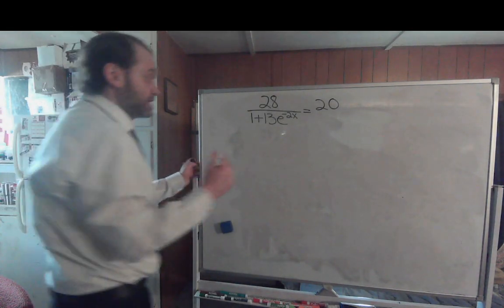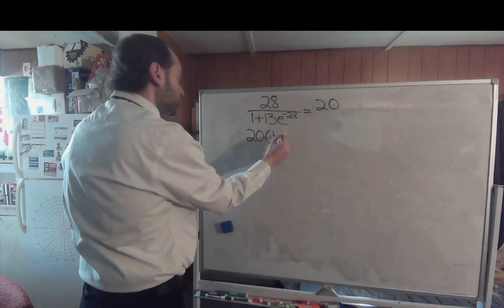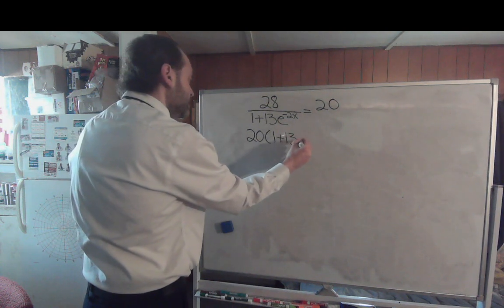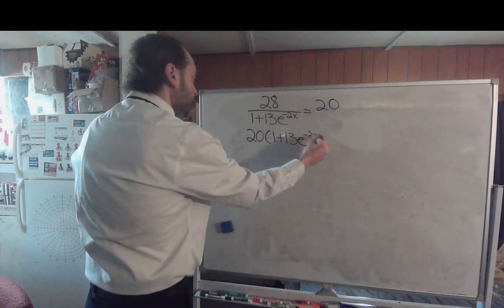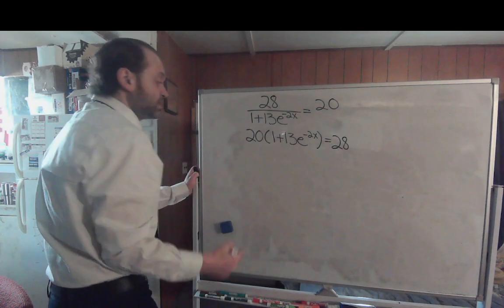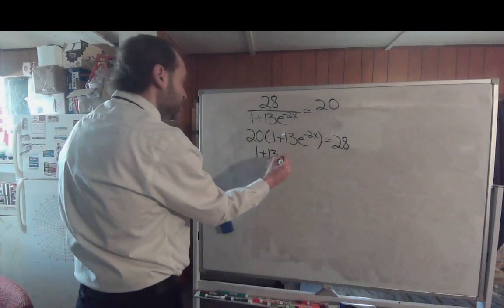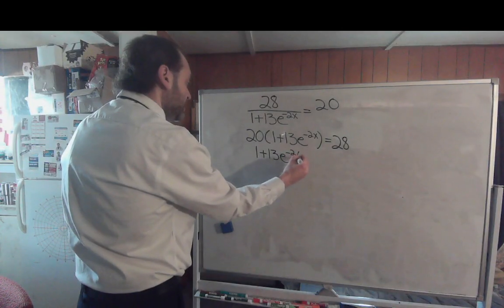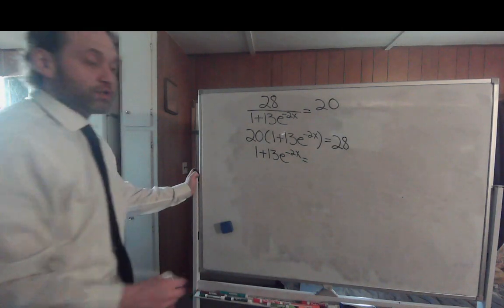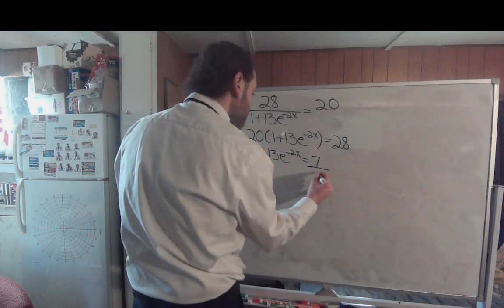Well, we'll cross multiply, so you'll get 20 times 1 plus 13e to the negative 2x would equal 28. Divide both sides by 20, you'll get 1 plus 13e to the negative 2x would equal 28 over 20, which would be 7/5.